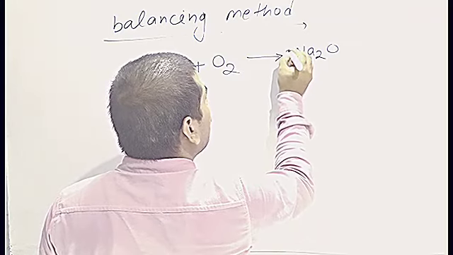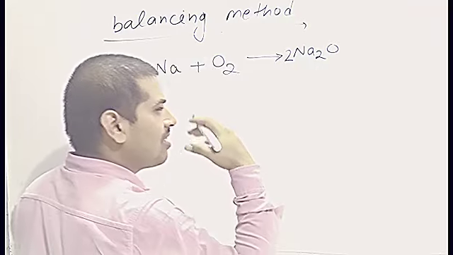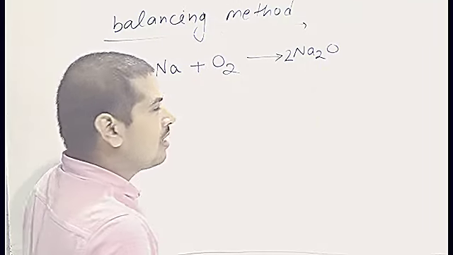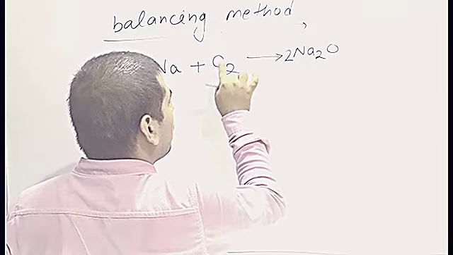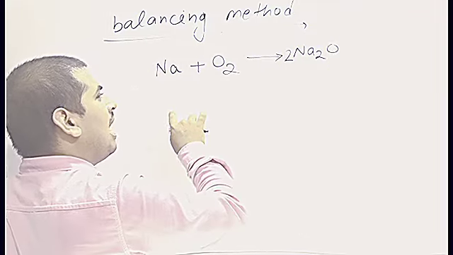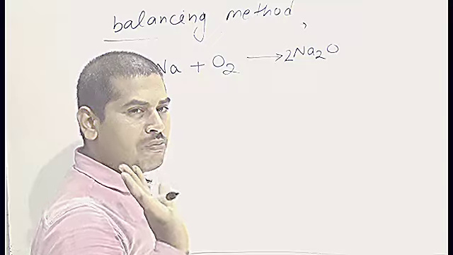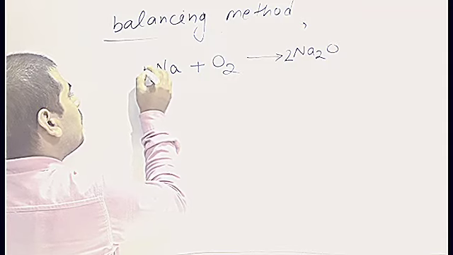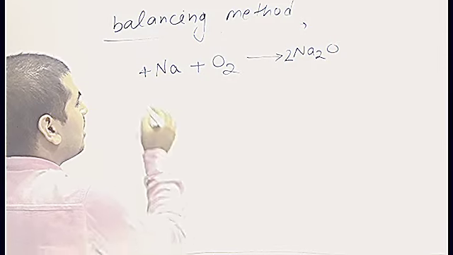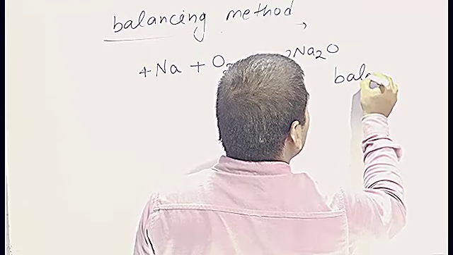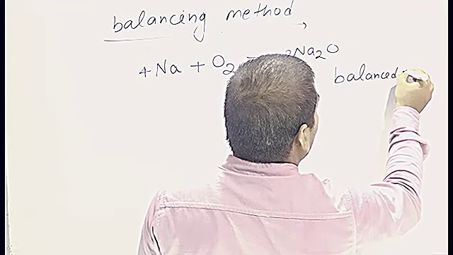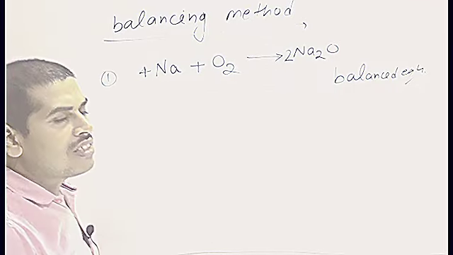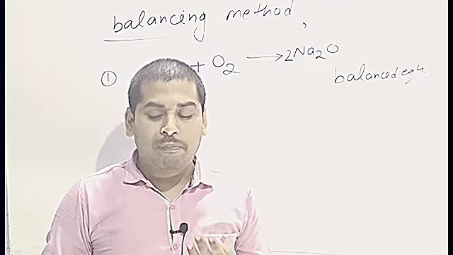So by multiplying 2 here, in RHS we get 2 atoms of oxygen. Now the number of atoms of oxygen in LHS and RHS becomes equal. Now here the number of sodium atoms is 4, so by multiplying 4 in Na, this is the balanced equation. Okay, this is called hit and trial method.